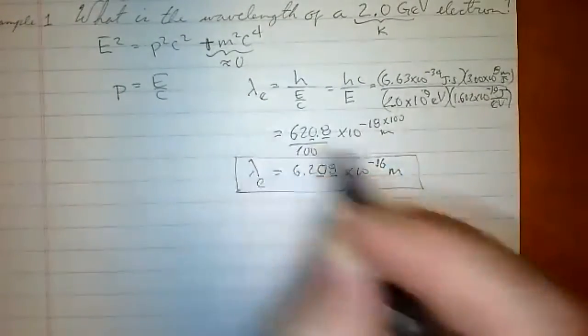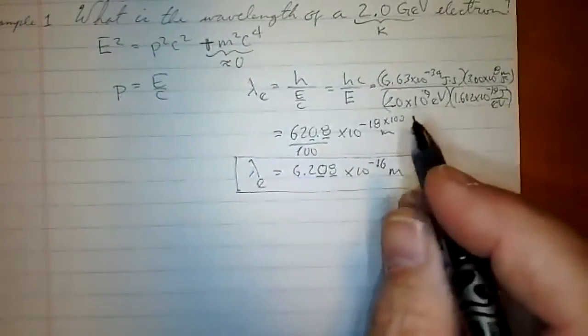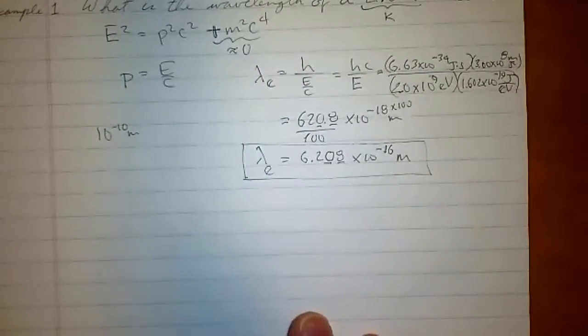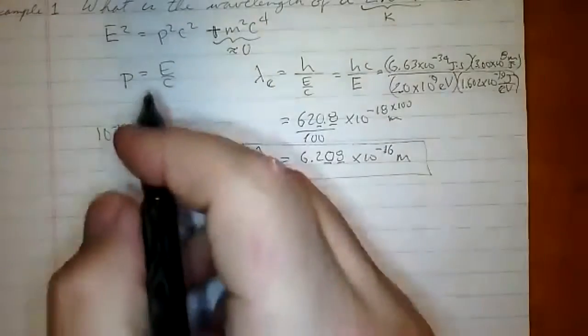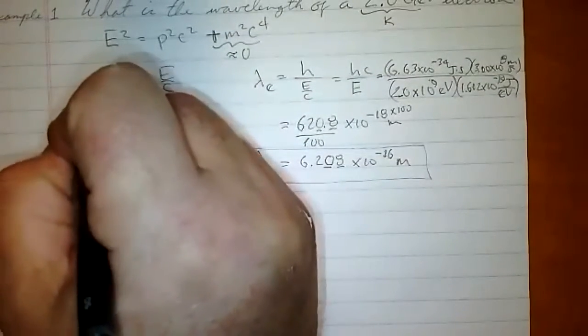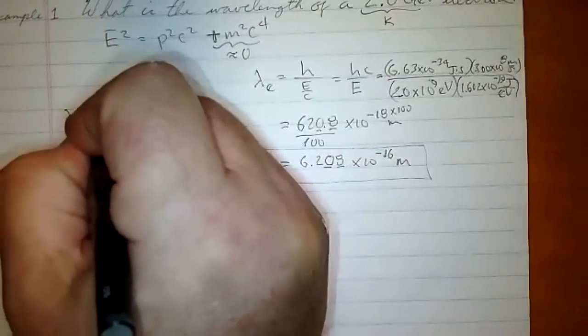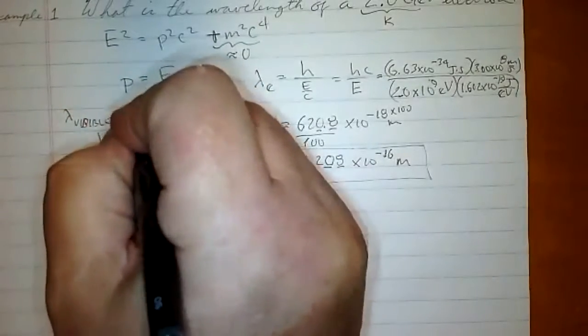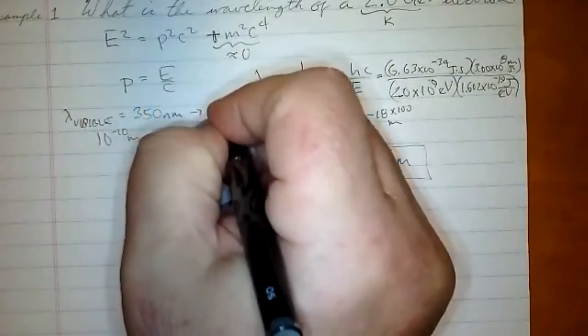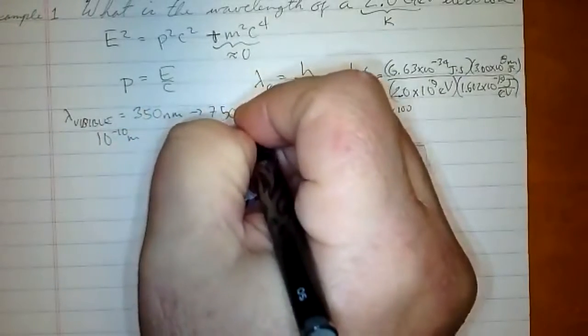So for instance, if you see a picture of an atom, an atom has a size about 10 to the negative 10th meters in diameter, roughly. Well, visible light only goes from about 350 nanometers to about 750 nanometers.